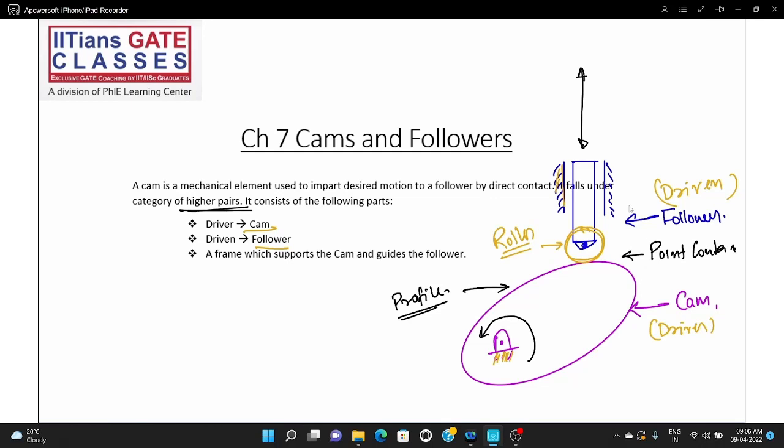So what is the degree of freedom of a cam and follower? Degree of freedom of the cam and follower, you can find out it is equal to 1. If you use the degree of freedom equation, we know that F is equal to 3L minus 1 minus 2J minus H. So how many members are there? Frame, cam, follower.